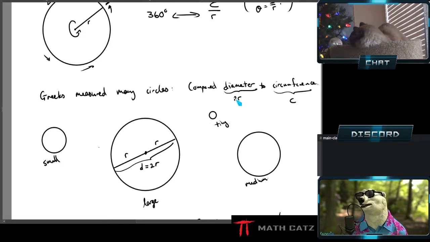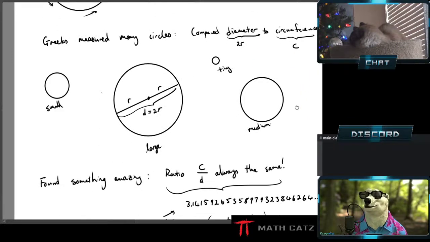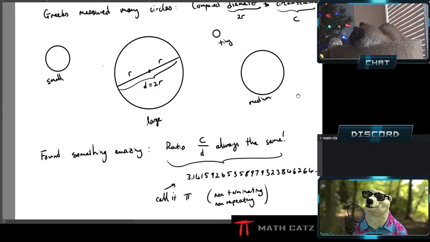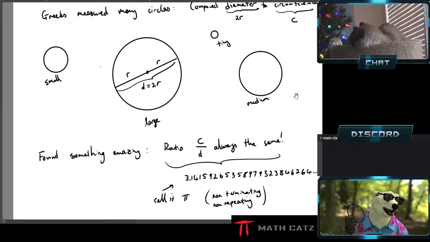Measuring how the diameter compares to the circumference of the circle. And they found, to their amazement, and really it is arguably the most important discovery, that the ratio of circumference to diameter is always exactly the same.